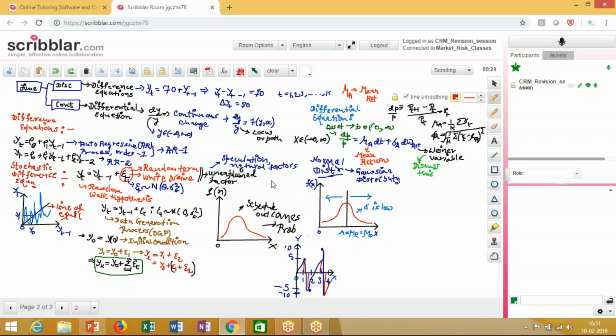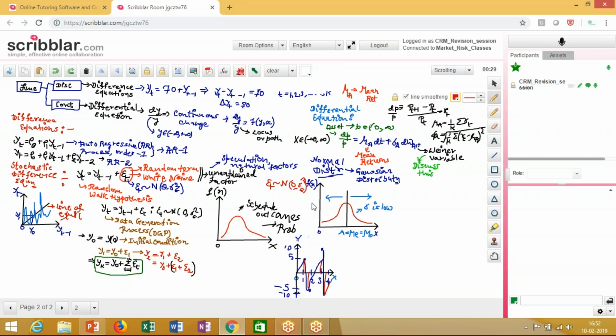So that is what this error variable does, and it is this error variable which adds the element of stochasticity in this part of calculus, right? So e_t follows N(0, sigma squared e).